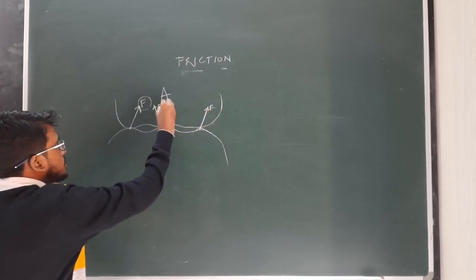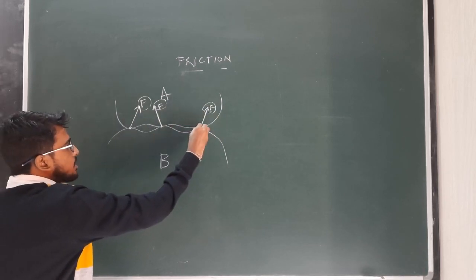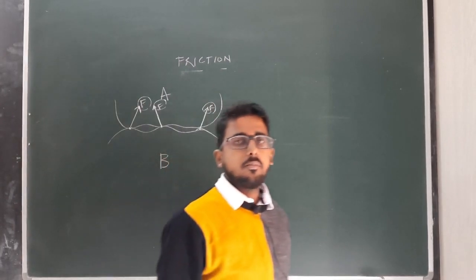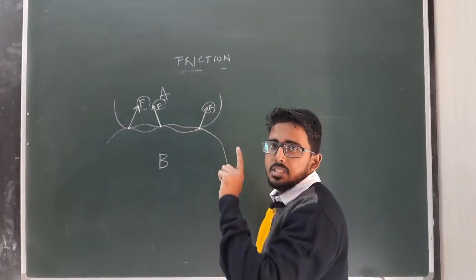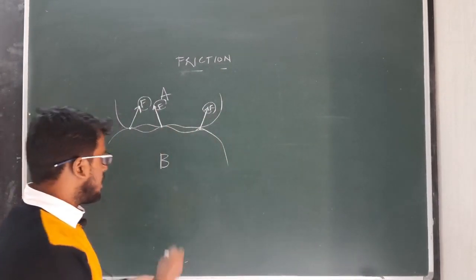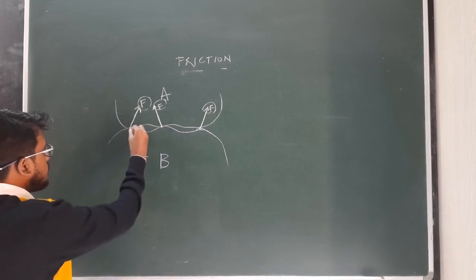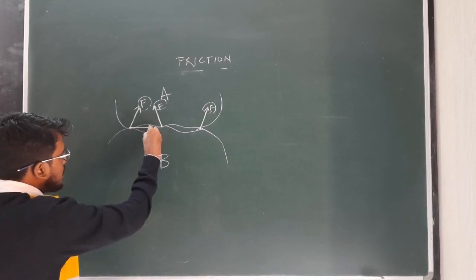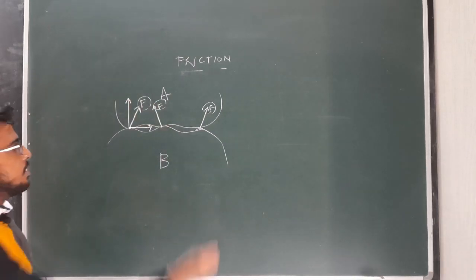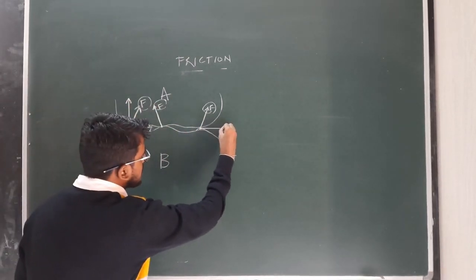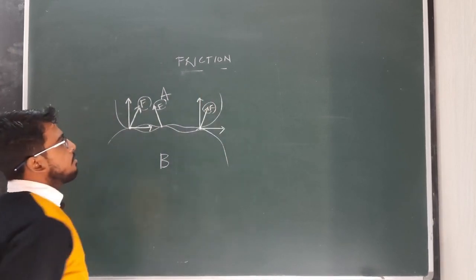These forces experienced by the two surfaces due to physical contact are known as contact forces, and they have two components. If this is the net contact force at this point, one component is along the horizontal direction and the other along the vertical direction. Similarly, at this place it also has a horizontal component and a vertical component.